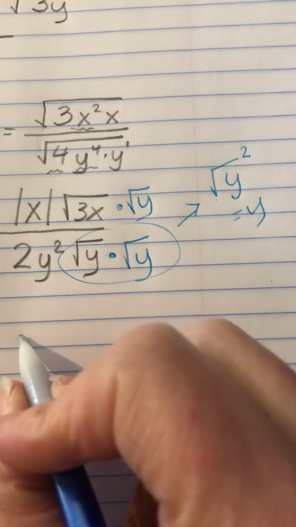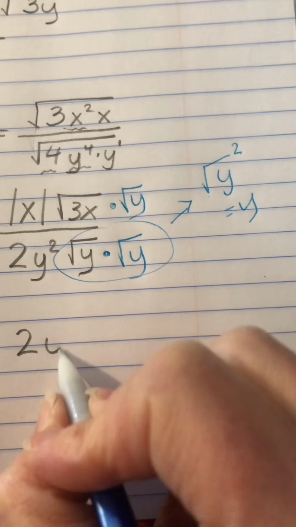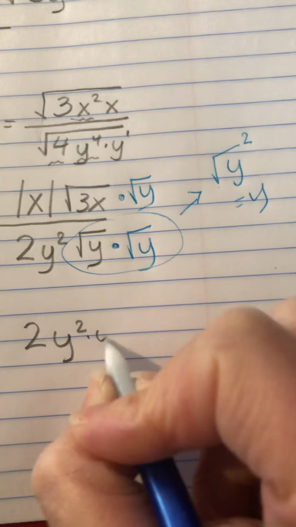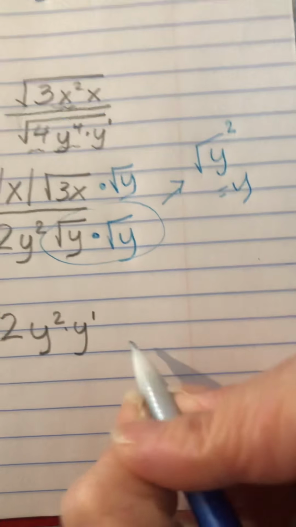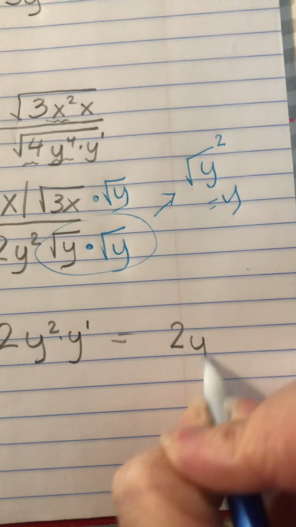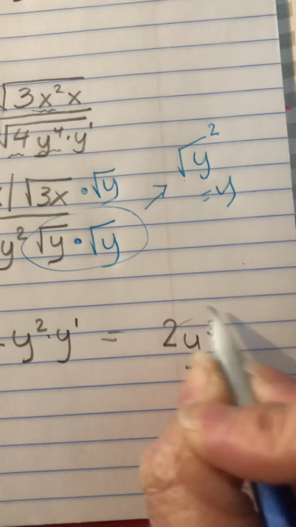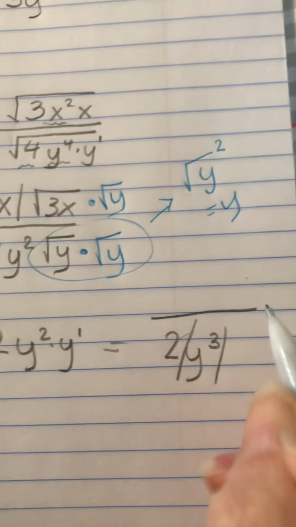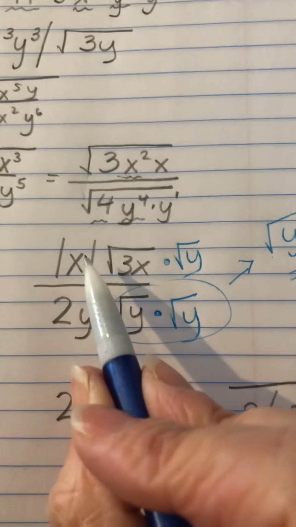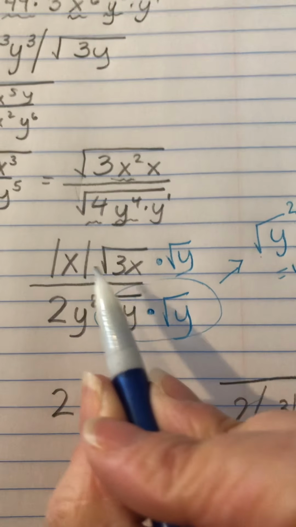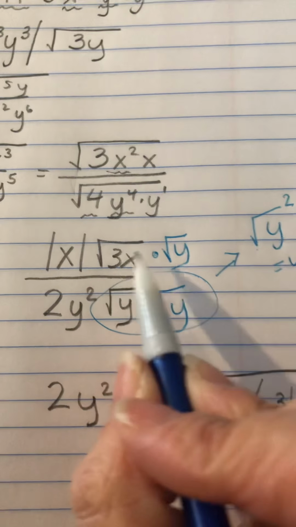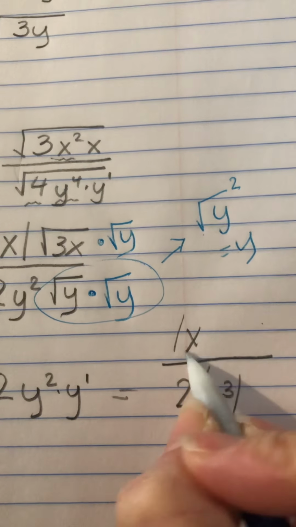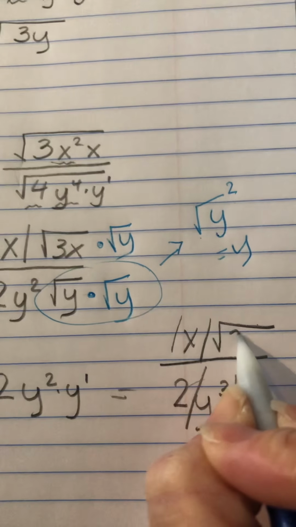So my denominator will be 2, and then I have y squared, and this again becomes a y. So what do I get when I put that together? I get 2y to the third. Since it's an odd exponent, you need the absolute value now. In the numerator, let's look back up here, we have the absolute value of x, just fine, and then we're multiplying root 3x by root y, so it's going to be now absolute value of x, root 3xy.